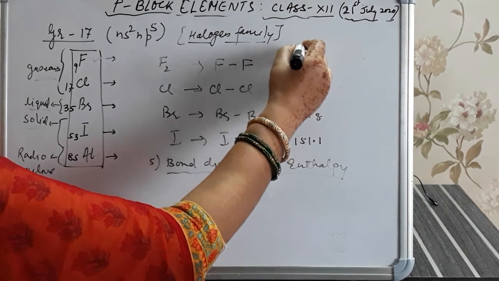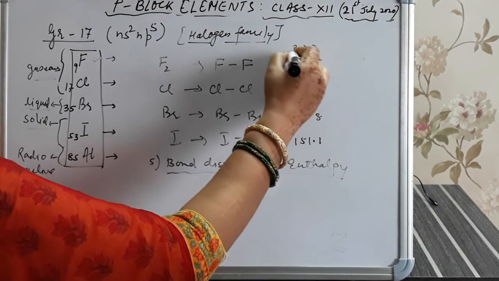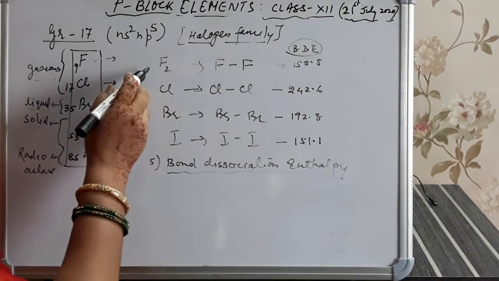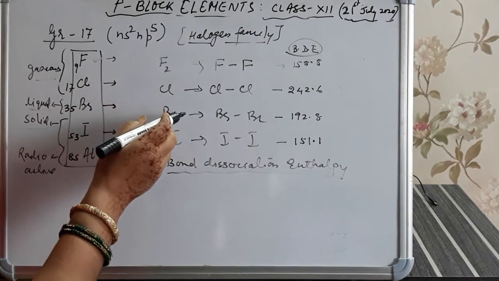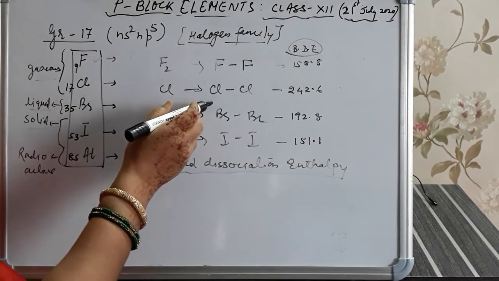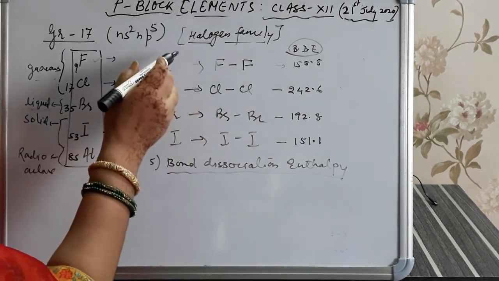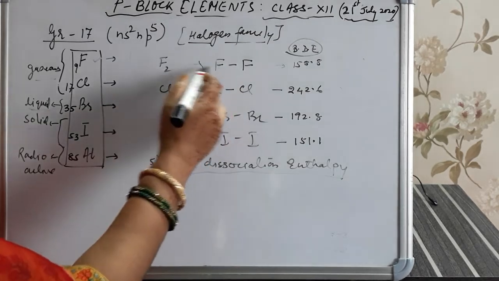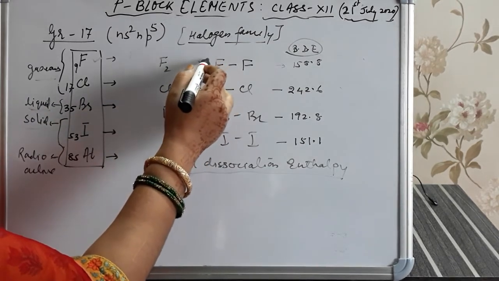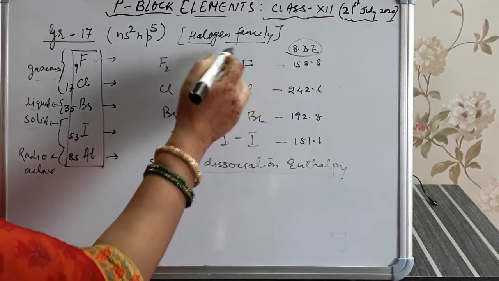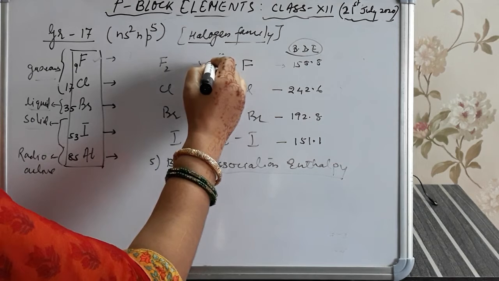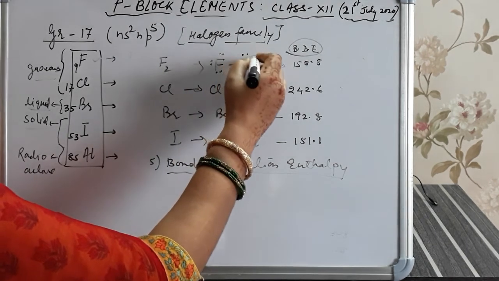So student, the bond dissociation enthalpy of fluorine is expected to be more than that of chlorine, but actually the value is less, because of high electronic repulsion between the non-bonding electrons present around the fluorine atom.